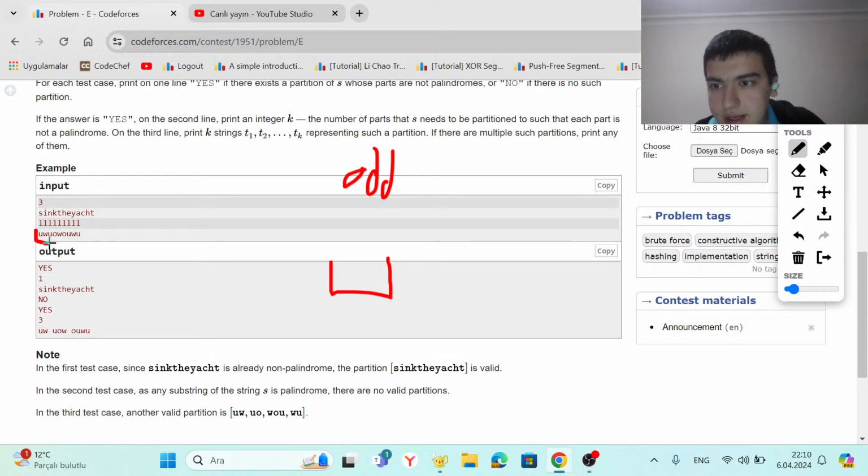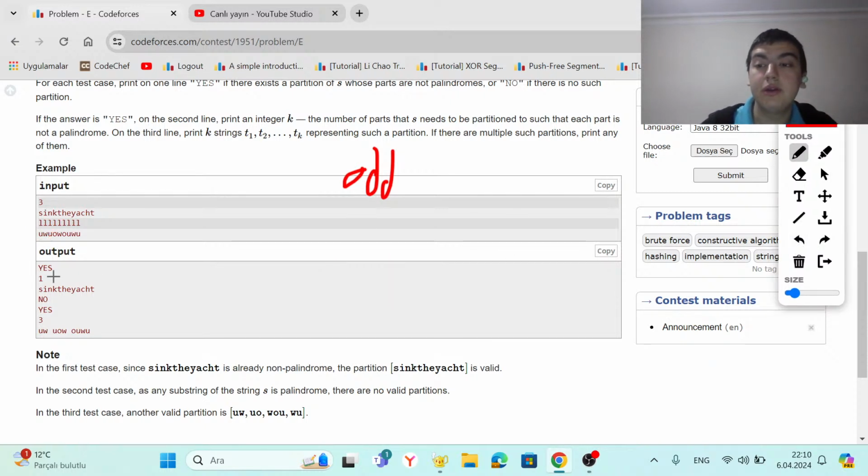Then decrease it by 1, and partition the remaining part, or find an odd length non-palindrome string, say of length 3 or 5, and after that the remaining part will be even.